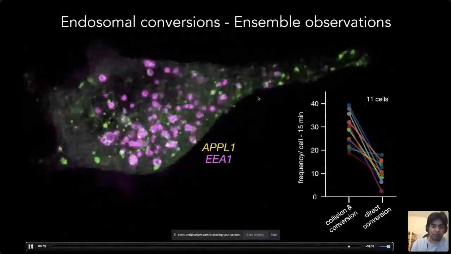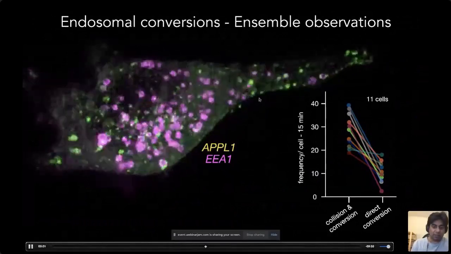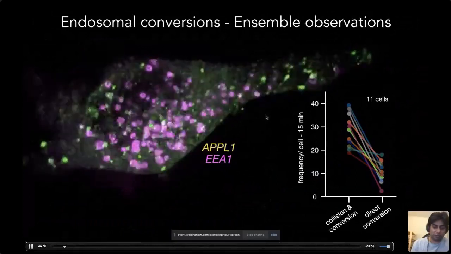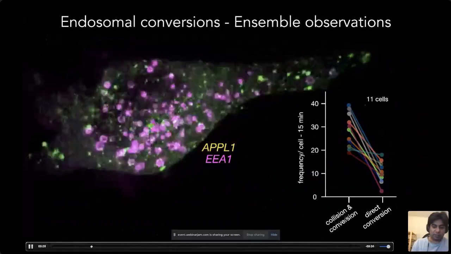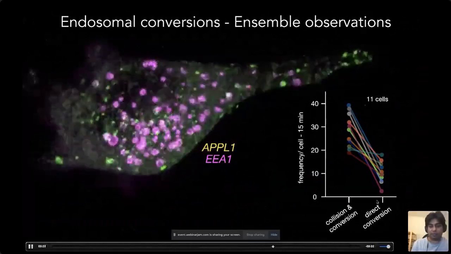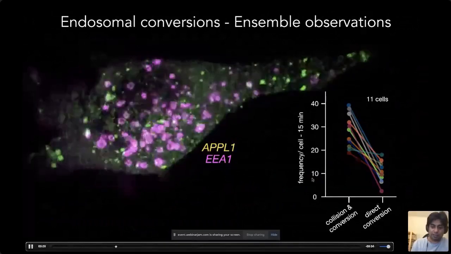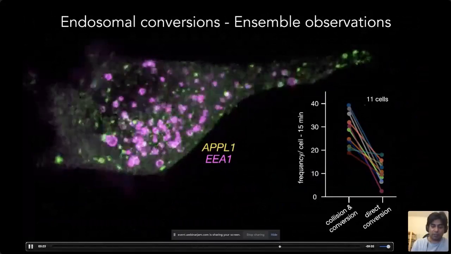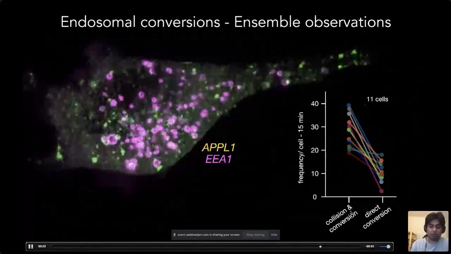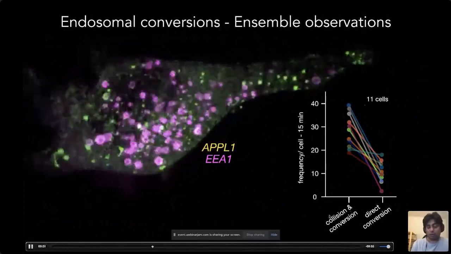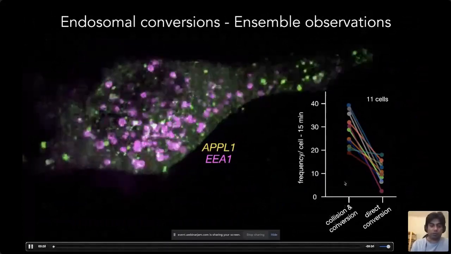If you look at these endosomes, they all collide with each other, and there are a lot of heterogeneous collisions. So we quantified the number of collisions that result in conversions and the number of direct conversions.